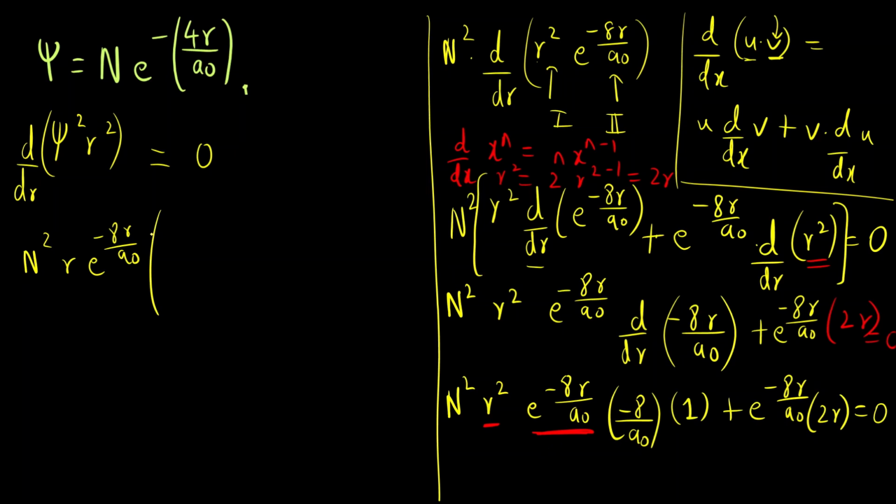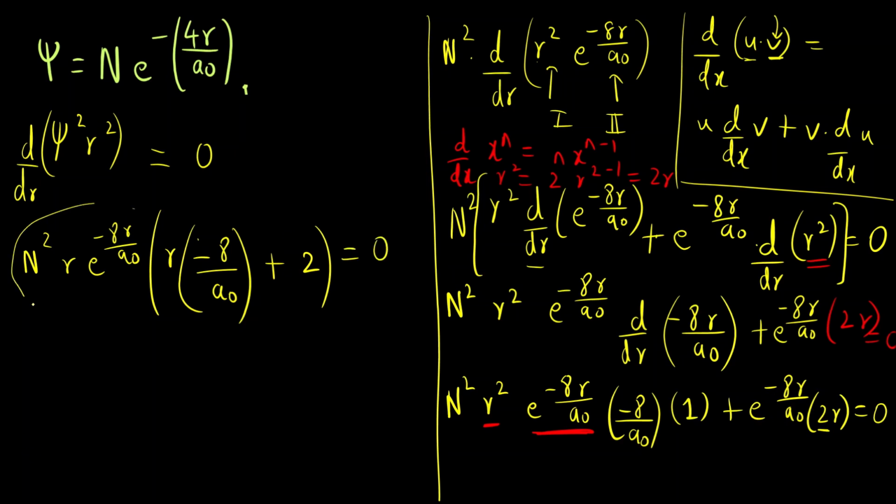What is remaining here? r into minus 8 by a naught is remaining, plus here 2 is remaining. r into e raised to minus 8r by a naught is a constant. Now this entire term, if I bring it to the right hand side, it will be divided by 0, so that will become 0. So I can erase this term.